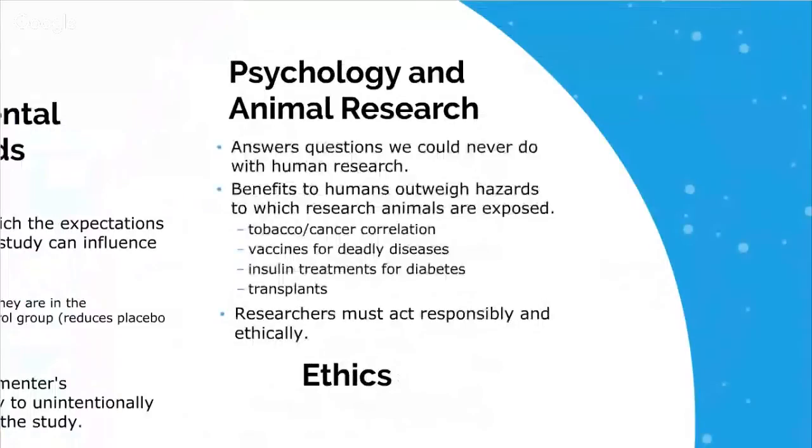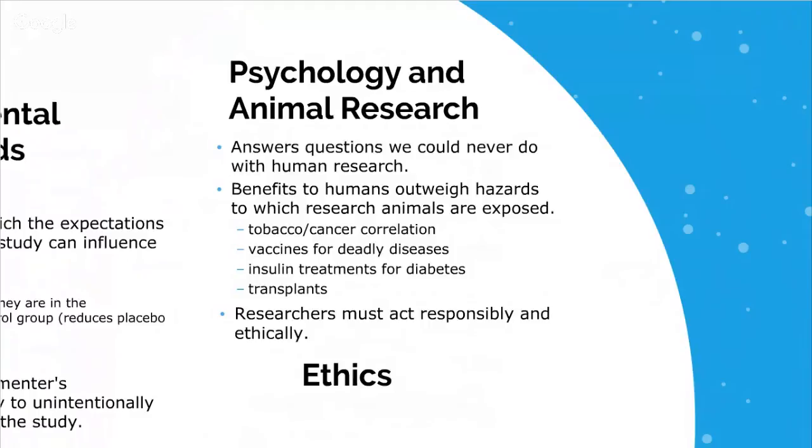Something we'll touch on very quickly, and just to be clear, this is what psychology says about animal research, and what the most widely accepted reasons for animal research are, is basically that we use animals in some cases for research that we could not do on humans.